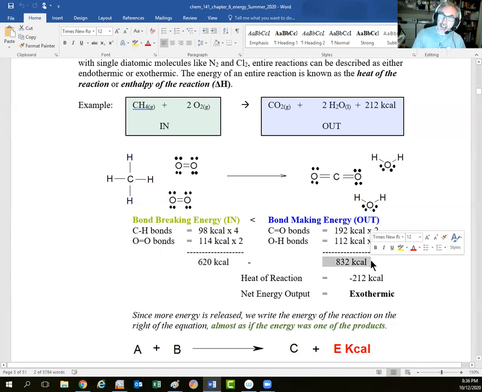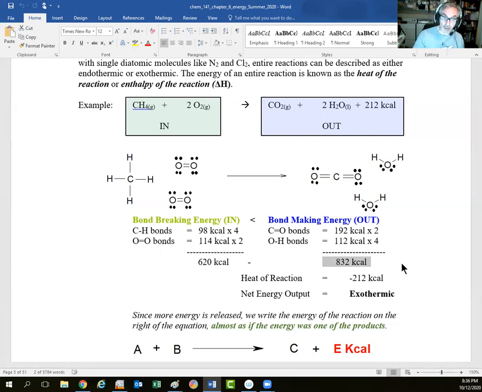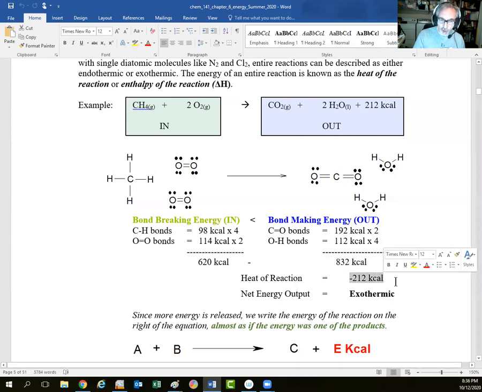And so the total energy coming back out, released, is 832,000 calories every time this reaction occurs at a molar level. So with more energy coming out, we've got an overall net loss for the reaction of 212,000 calories.